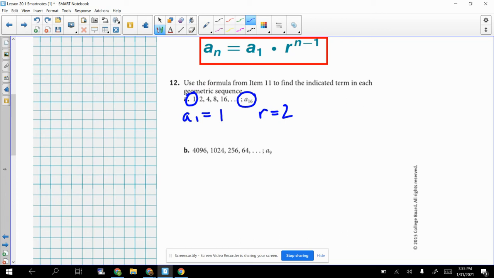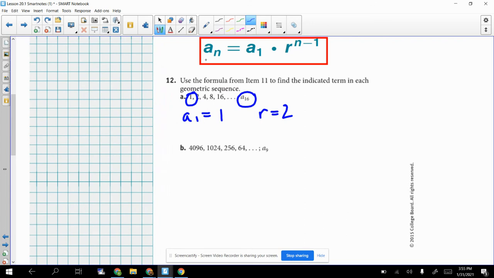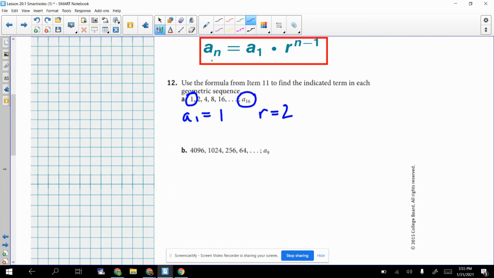So we're going to plug this all into this formula here. So we have a sub 16 equals a sub 1, which is 1, times, so this has a little dot as the times. I sometimes like to do parentheses, but either way. And then the common ratio is 2.